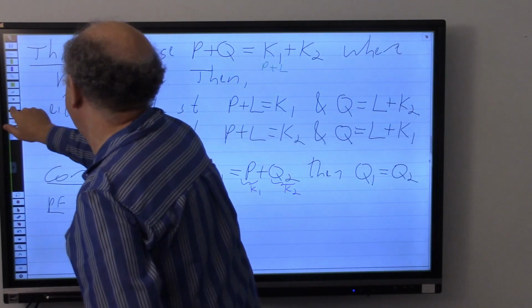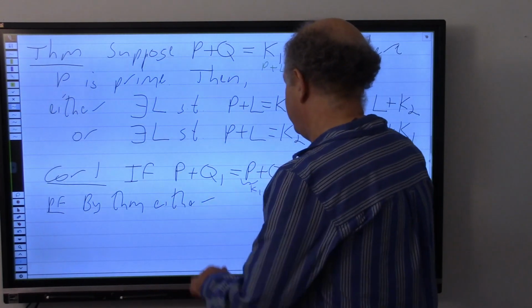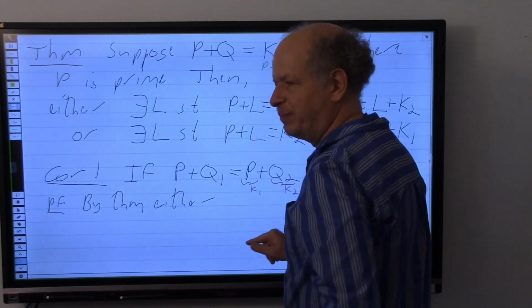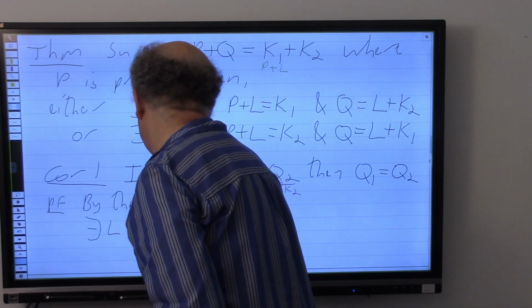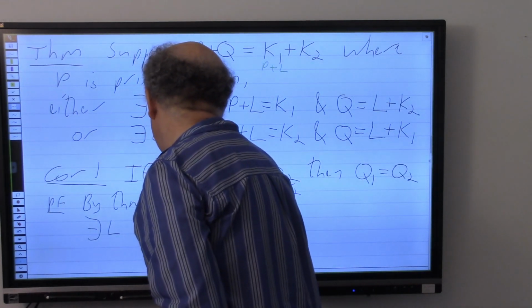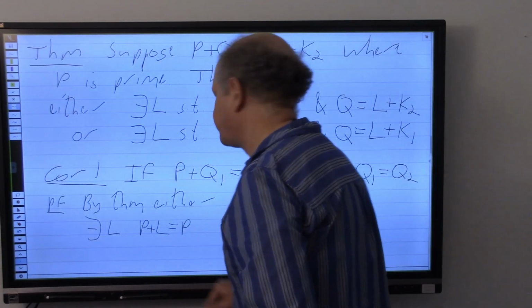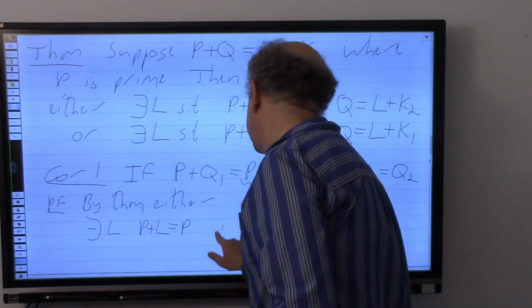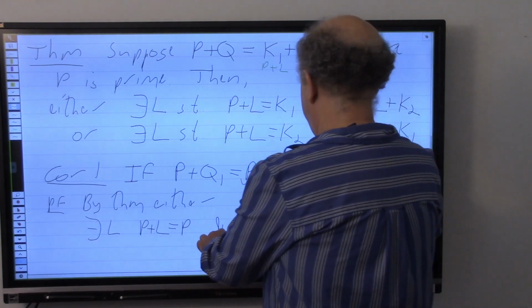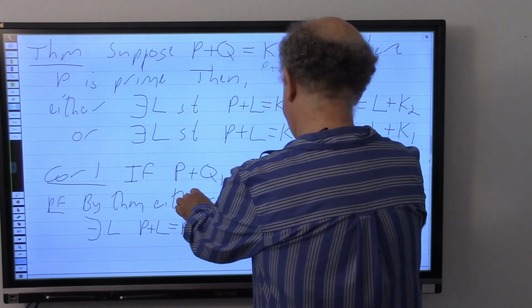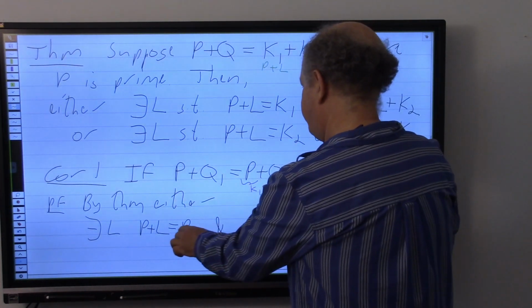So by the theorem, either P divides P, so either there exists L such that P plus L is equal to P, and in which case, so this is the first case.